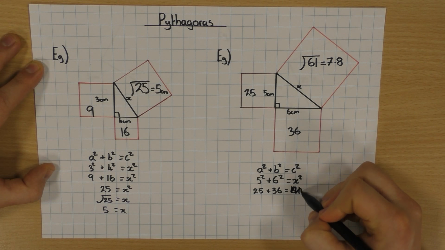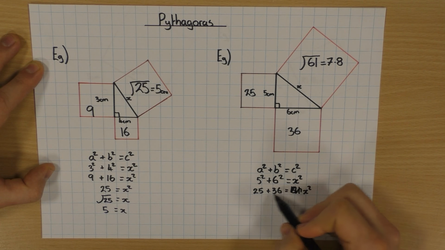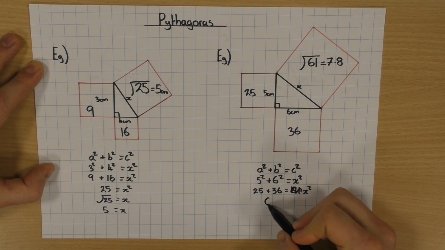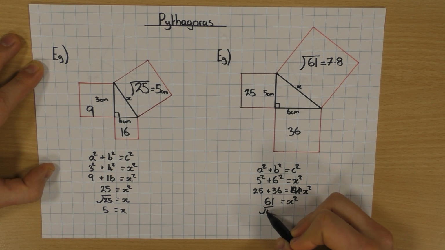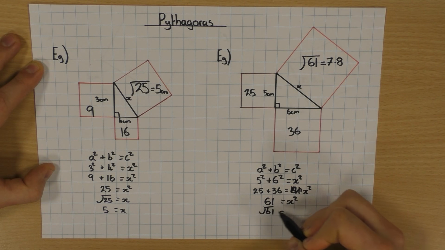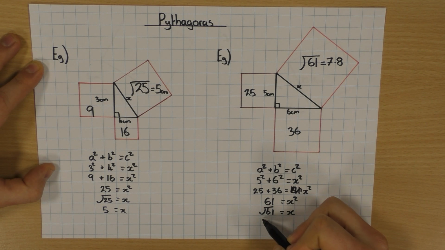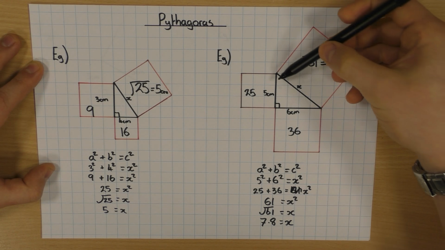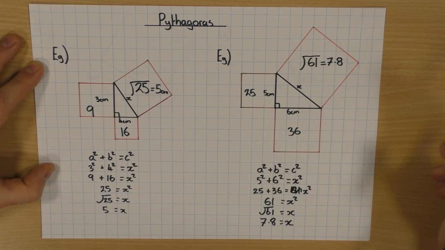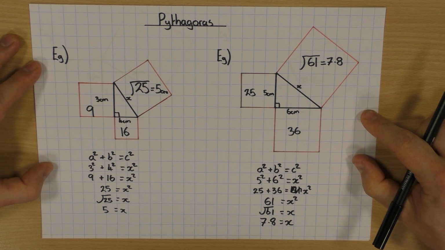Let's keep that as x squared. Then 25 plus 36 is 61, which equals x squared. Then we can square root 61 to get x, which gives us 7.8, which is the value of that side. So two different ways you can do that, finding the longest length.